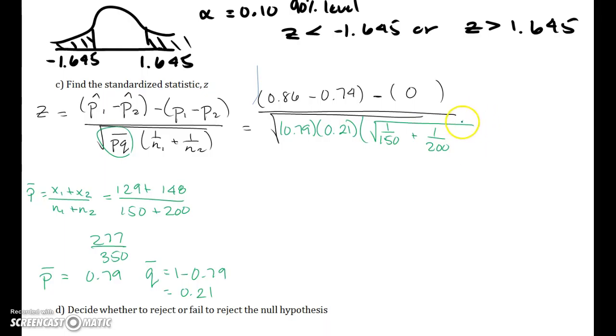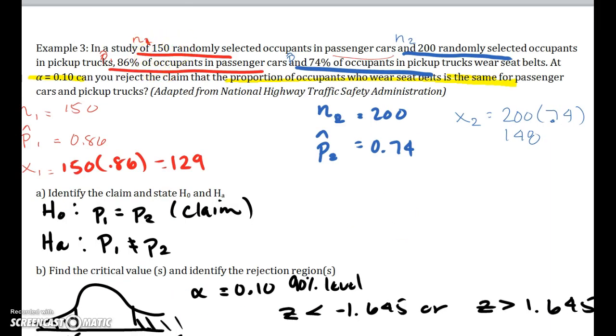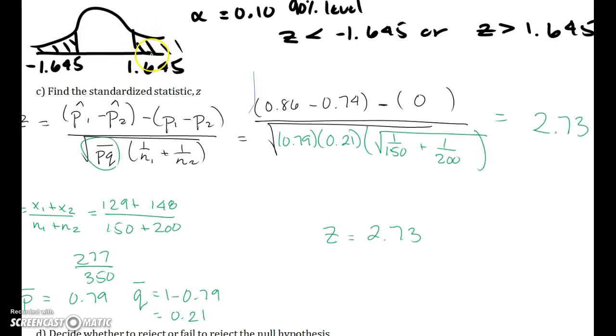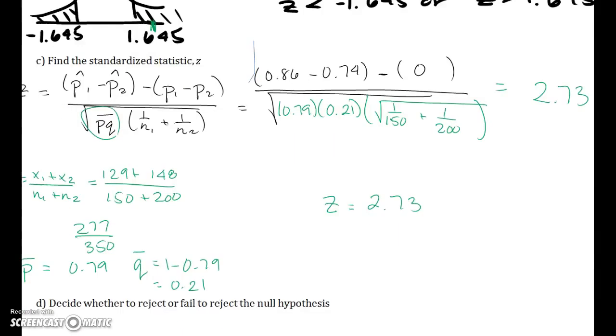Then you're going to use your calculators, and you're going to get a z value of 2.73. So z equals 2.73. Well, where is that? Here, it's in my reject area. It's a big fat reject.